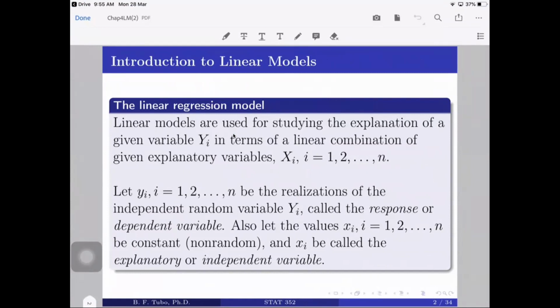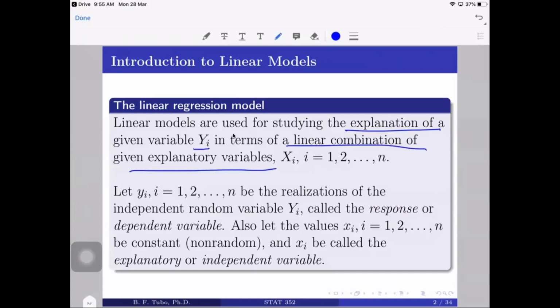Linear models are used for studying the explanation of a given variable y in terms of a linear combination of a given explanatory variable x. Usually when we talk about the linear regression model, you have a response variable y or a dependent variable y, and you have an explanatory variable x or independent variable x.